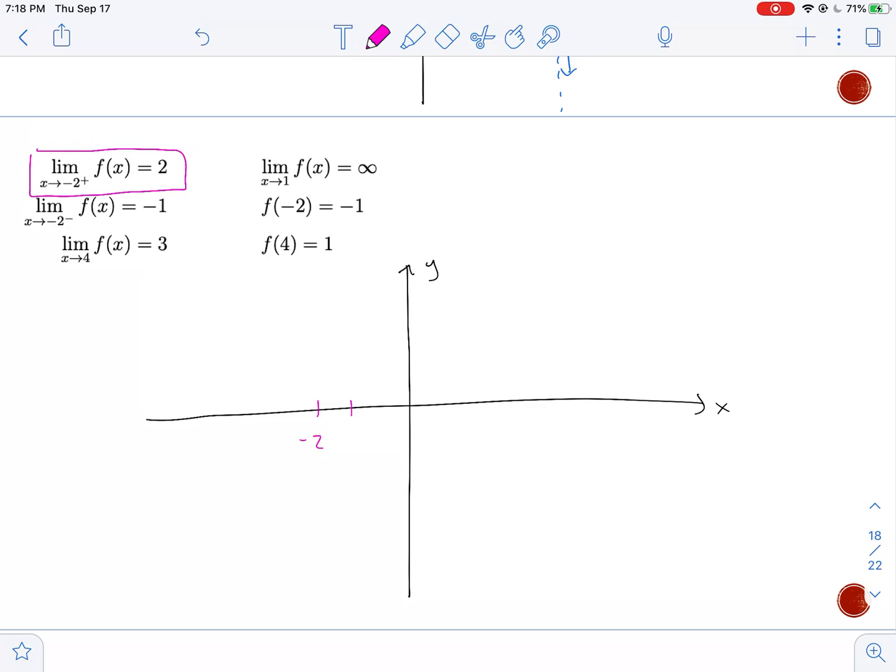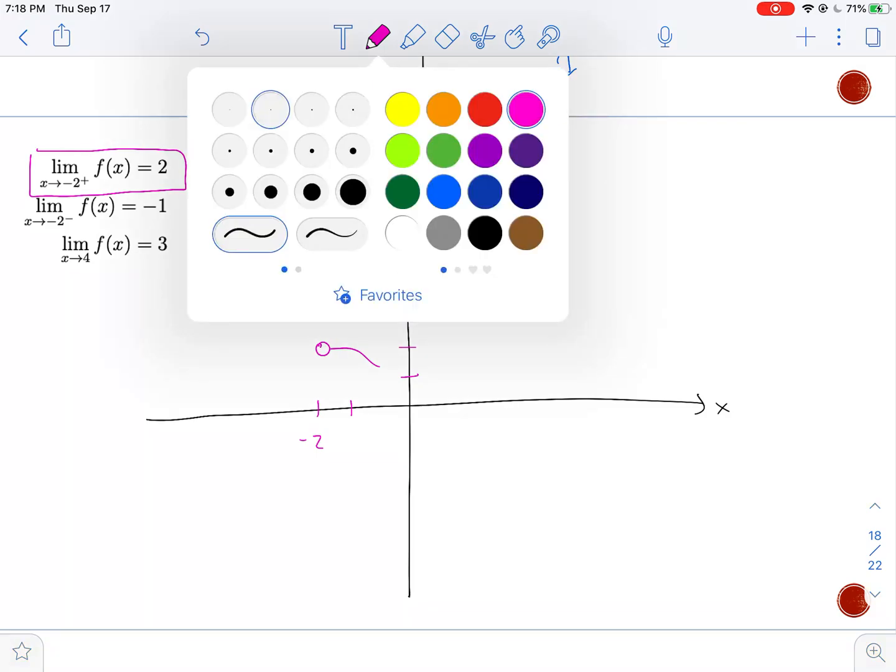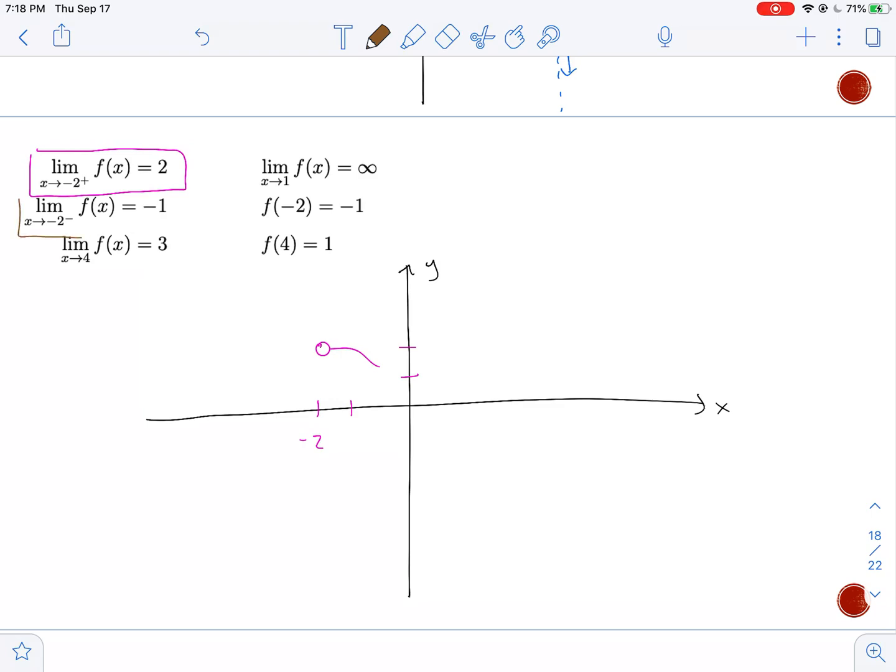On the right-hand side, it looks like it's leveling off at a height of 2. So I'm just going to put an open circle here, and then I don't know what's happening, so I'm going to connect it. But it's only happening as I'm approaching negative 2 from the right, so I'm just going to do that. And now I'm going to do another piece.